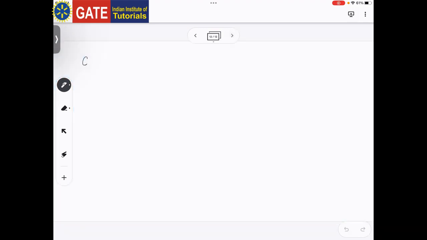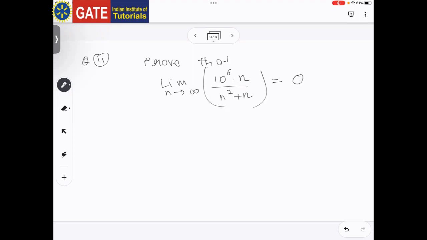Next question. Prove that limit n tends to infinity of 10 raised to the power 6 into n by n square plus n is equal to 0.